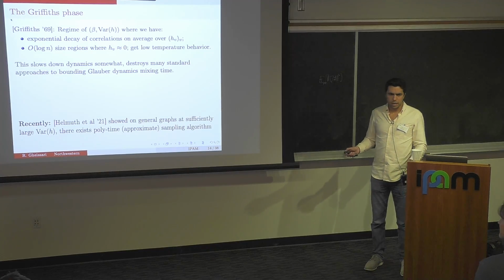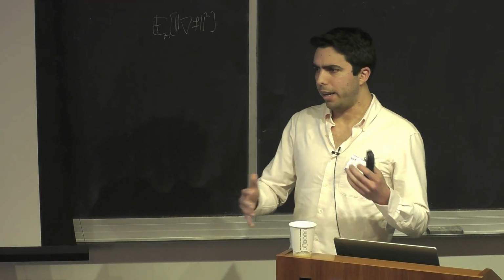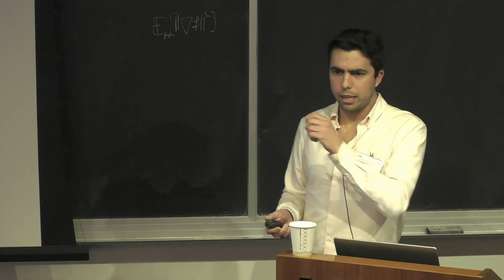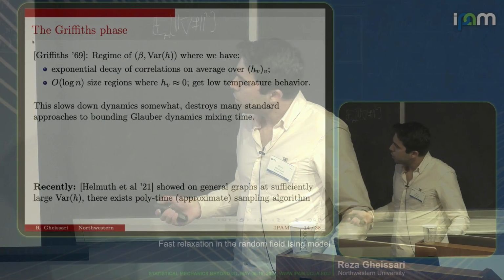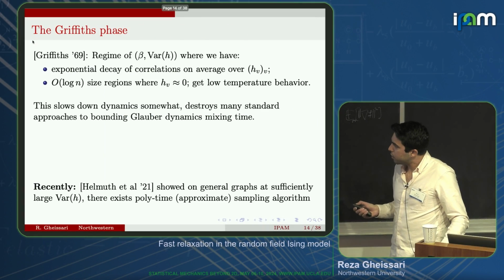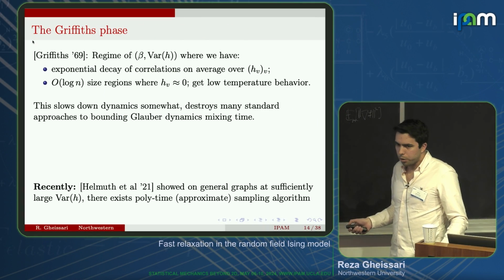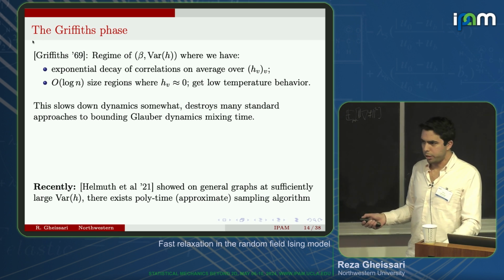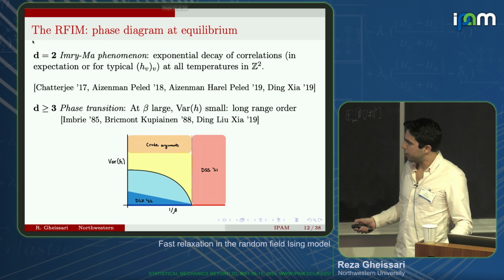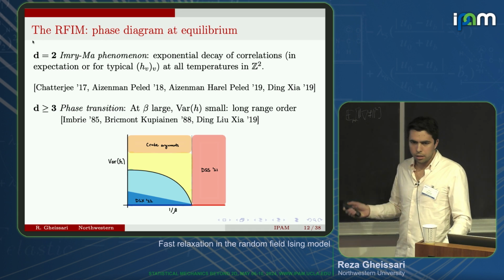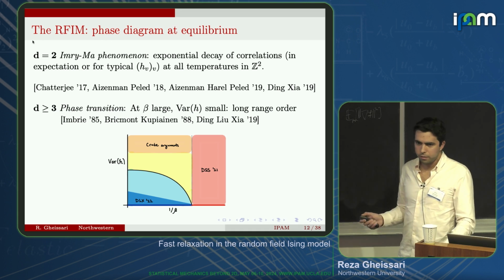This isn't Glauber dynamics, it's based on something like a Weitz tree to sample site by site. So what the rest of this talk is going to be about is showing mixing time guarantees or spectral gap estimates for the Ising model throughout this region, under the assumption that this is the region.